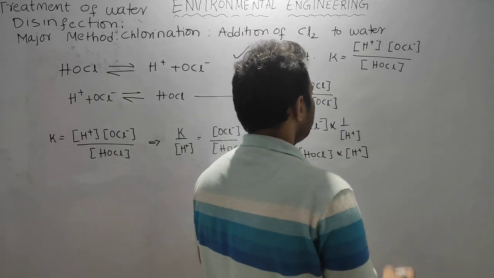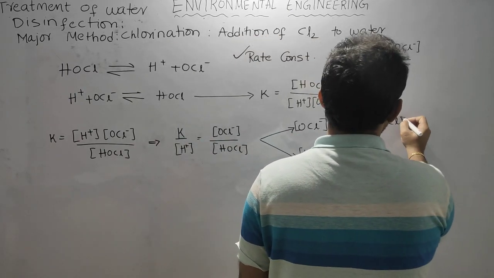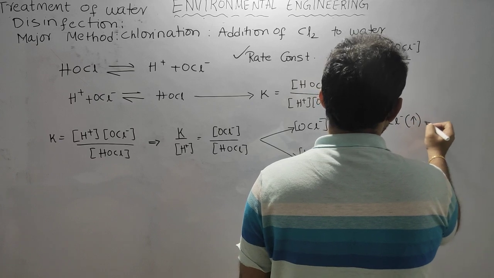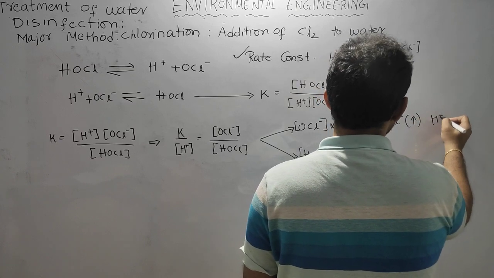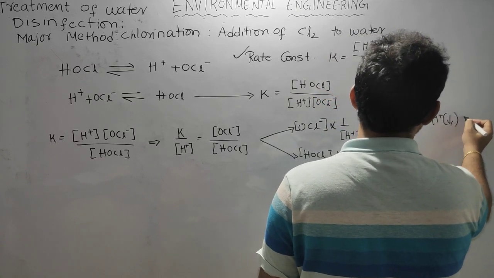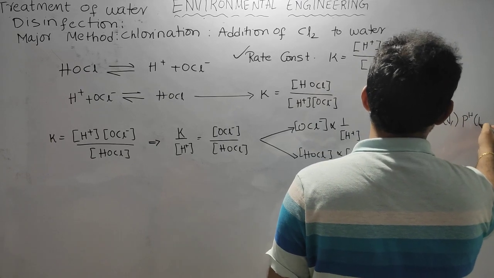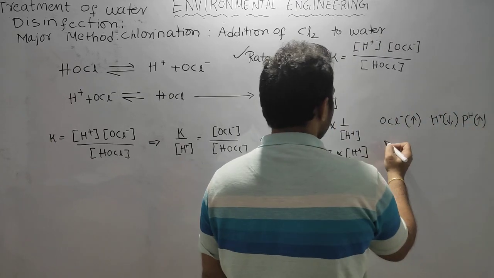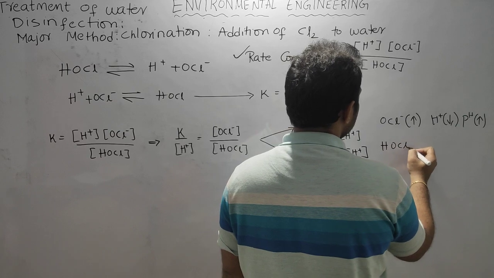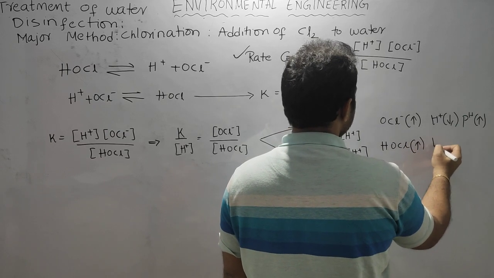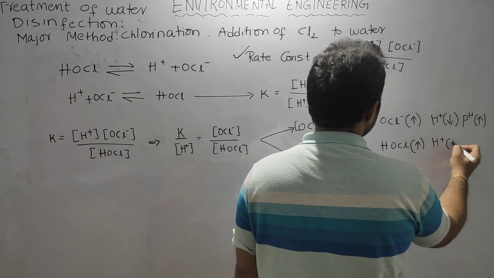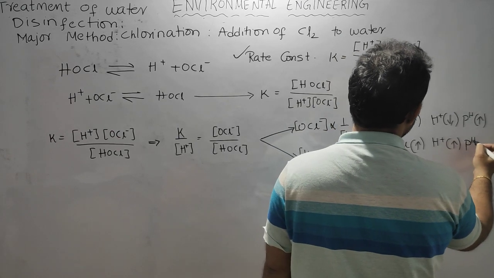That is why OCl minus will be more when H plus is less and pH is more. Similarly, HOCl will be more when H plus is more and pH is lesser.